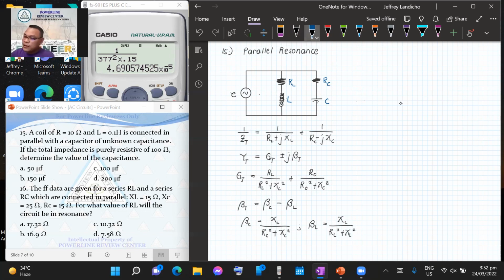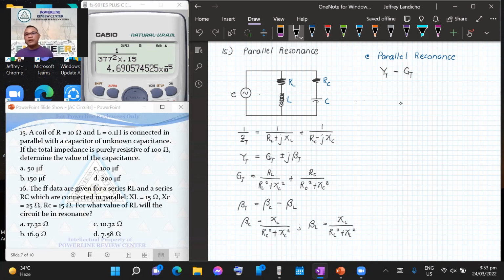So therefore, ang idea at resonance, no? At parallel resonance, the net admittance or the total admittance, it is only equal to your conductance. Kasi si conductance, reciprocal ng resistance. So, at ang admittance, it is just the reciprocal of impedance.